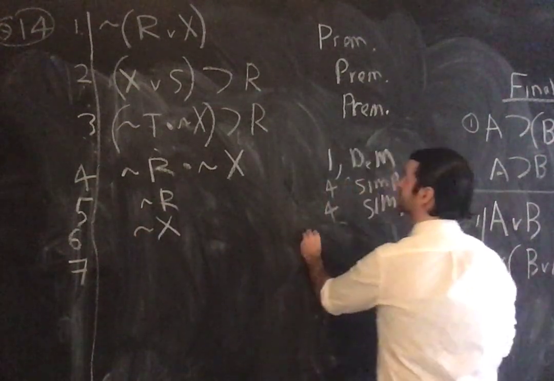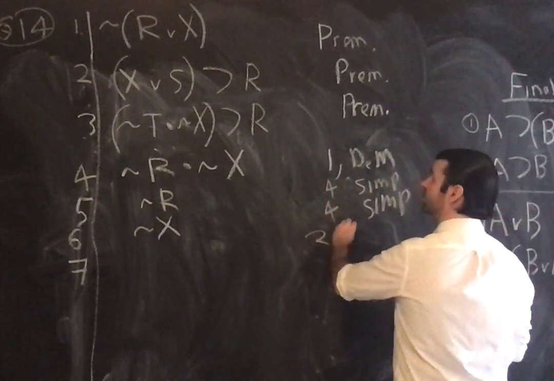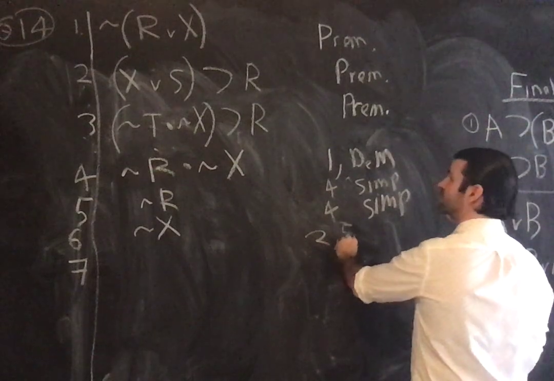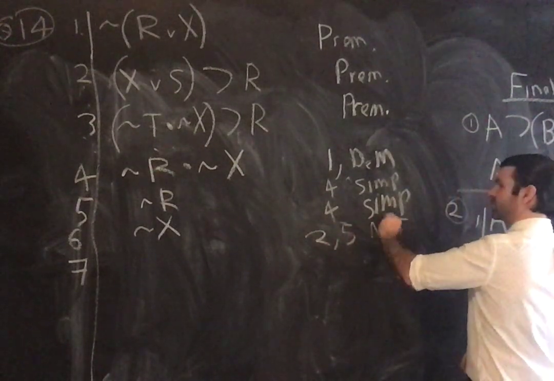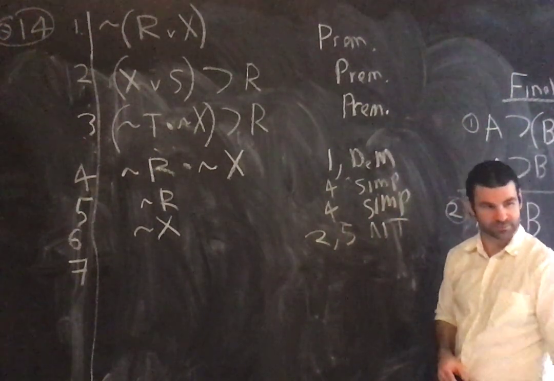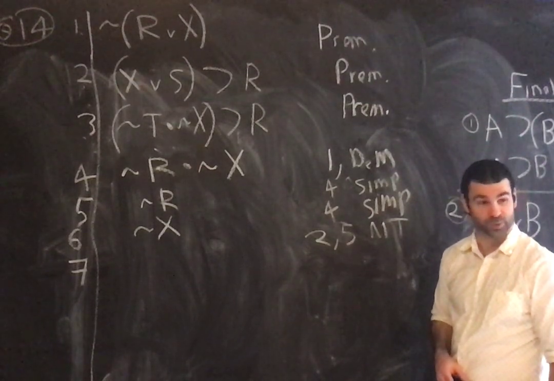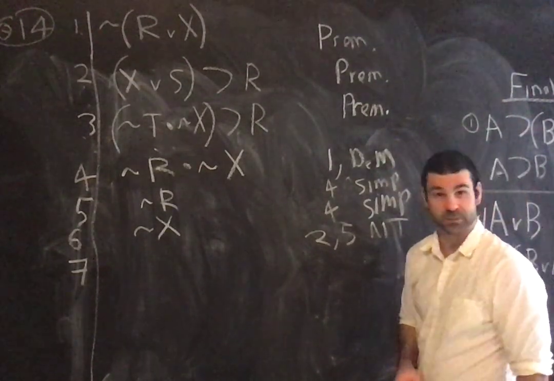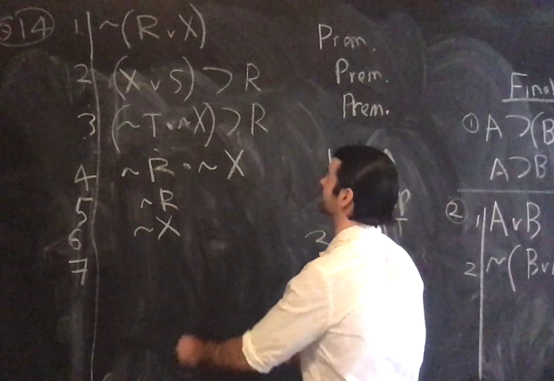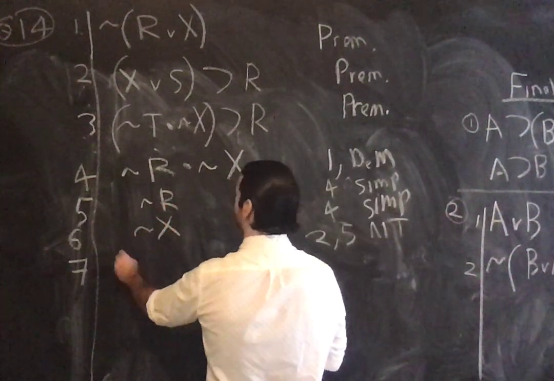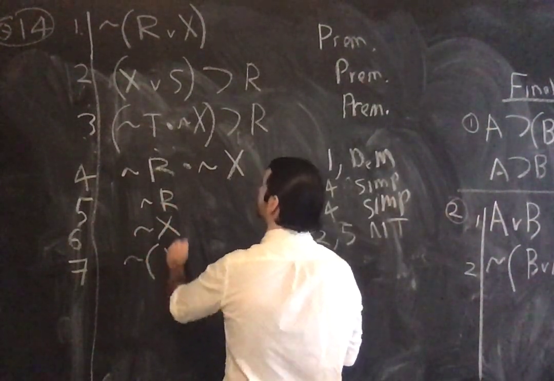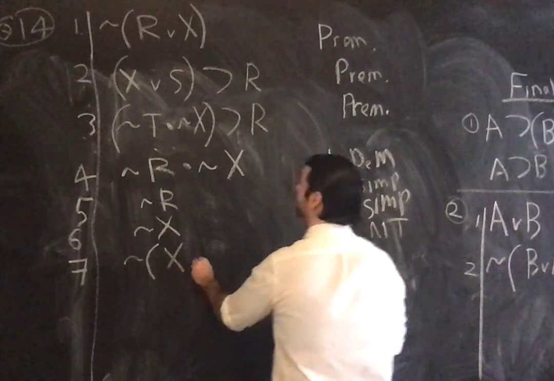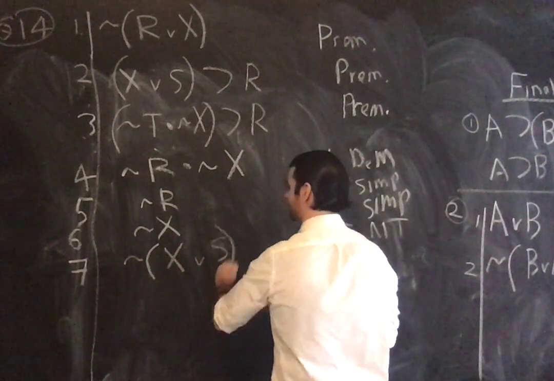Okay, so 7. I'm going to do 2, 5, modus tollens. And what's the result? What formula do I derive from that? It's the negation of the antecedent, not brackets X or S, of course.